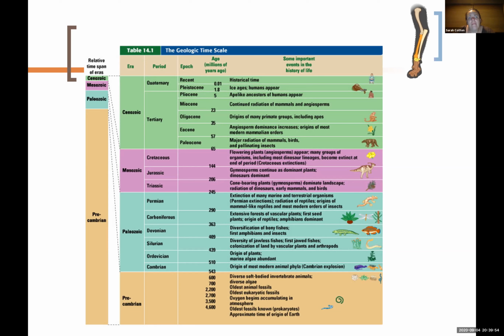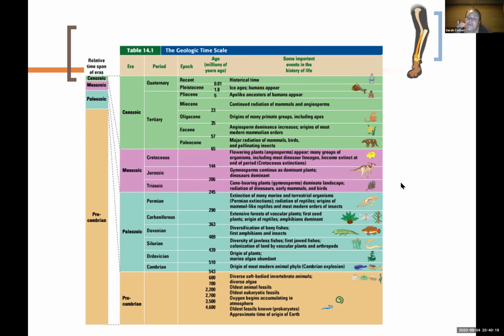even before we had the ability to do radiometric dating, we had a time scale. Some people call it the geologic time scale, right? So the time scale of how old the Earth is.